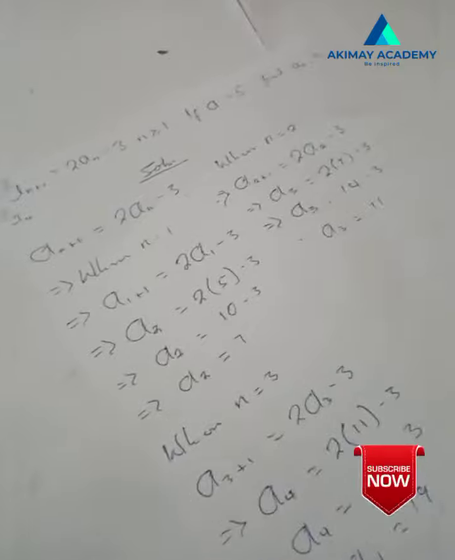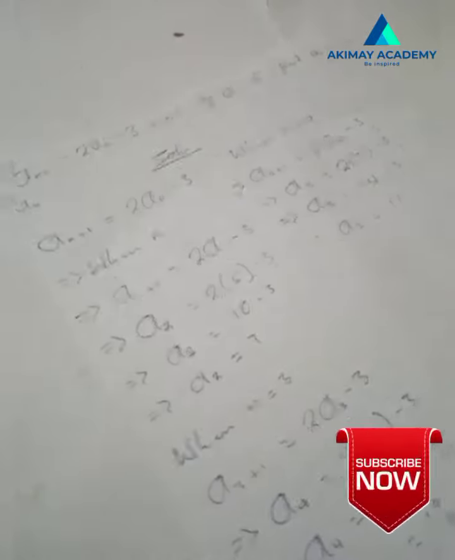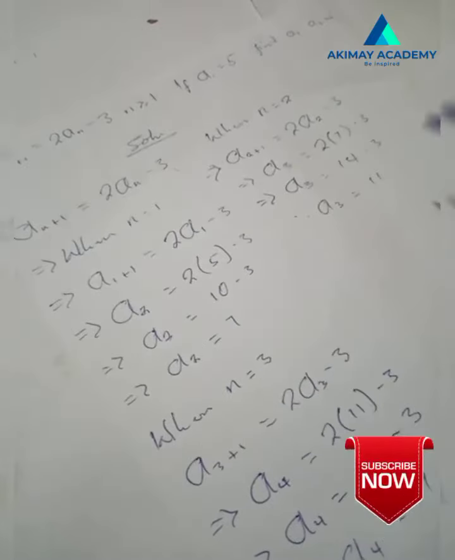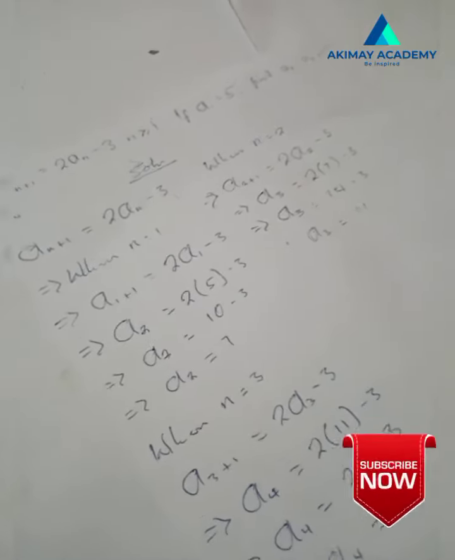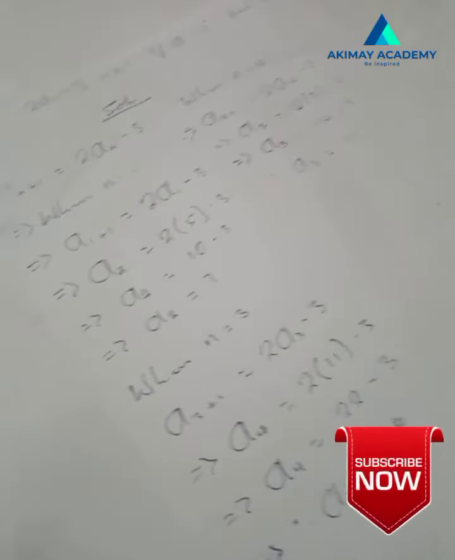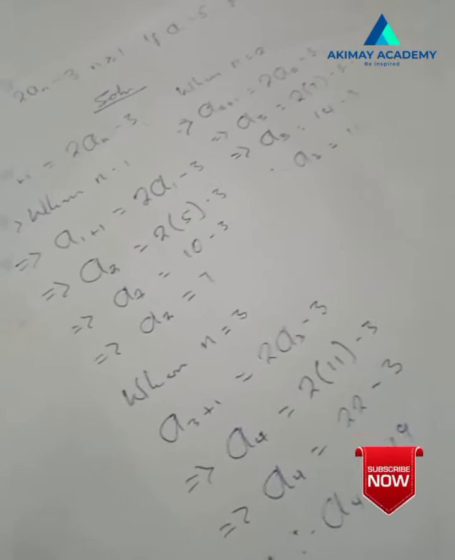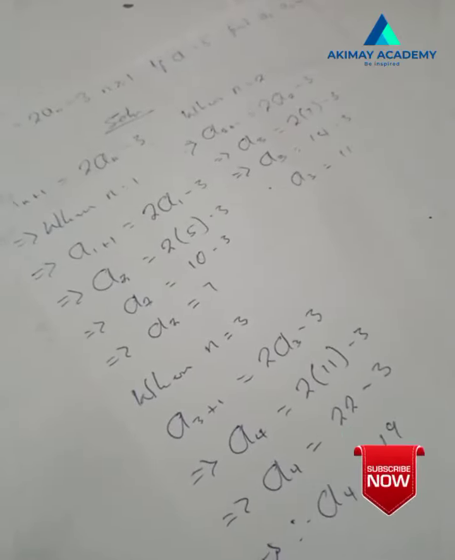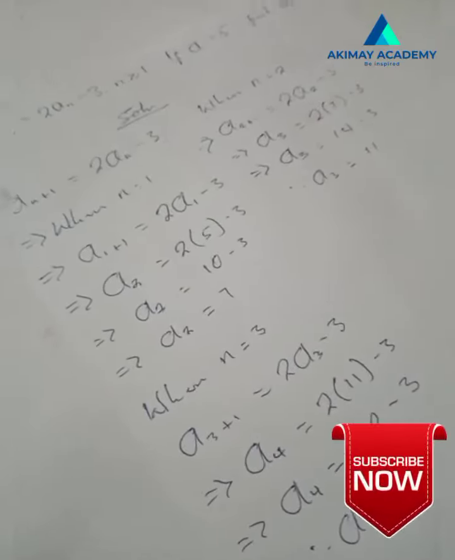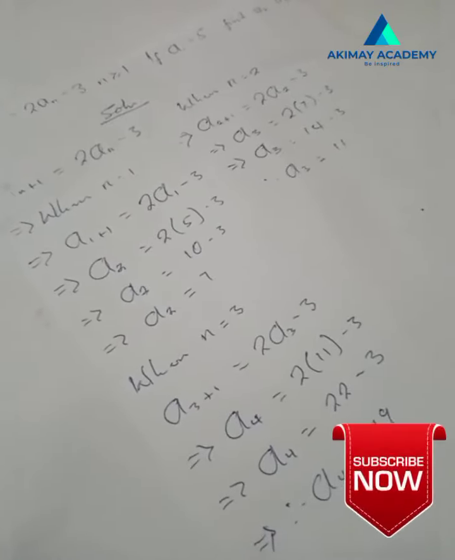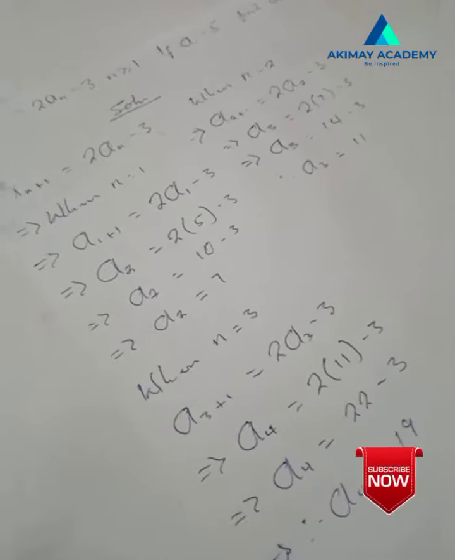The sequence has the first term as 5, the second term 7, the third term 11, and the fourth term 19. They say we should find the values, and therefore these become the values. It looks a little bit easier. Just go over it again. Who knows, they can repeat such questions again.